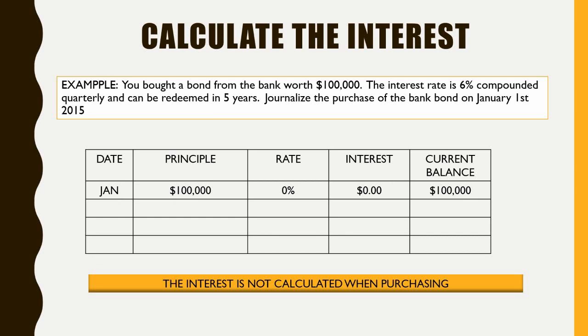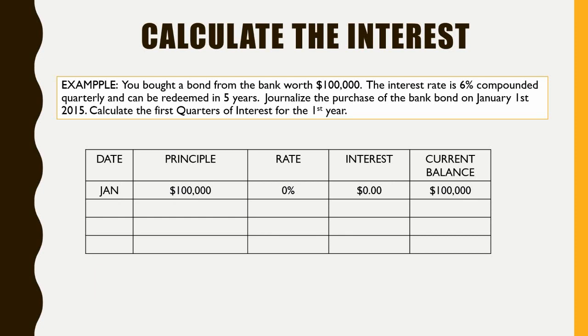You haven't started the day that you're going to be accruing it. So in this case, usually for the first month, you're not going to be calculated interest at all. Okay? So right now, it's still at 100,000. So then, because we are being compounded quarterly, let's go ahead and see how much money you're going to be actually calculated.